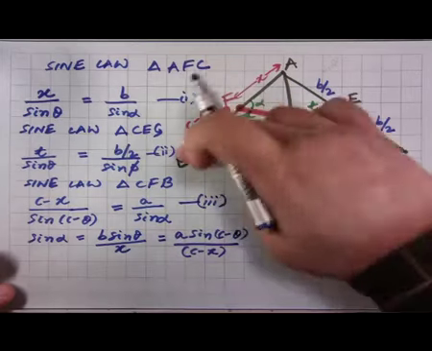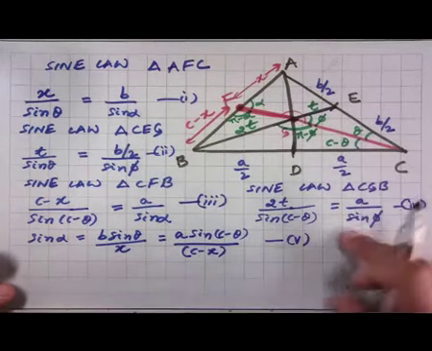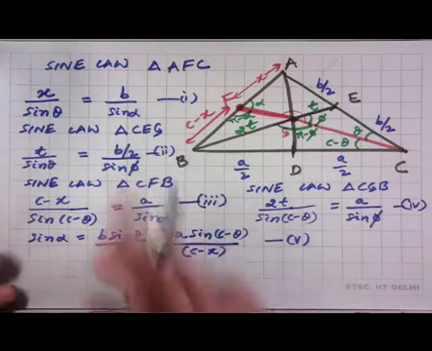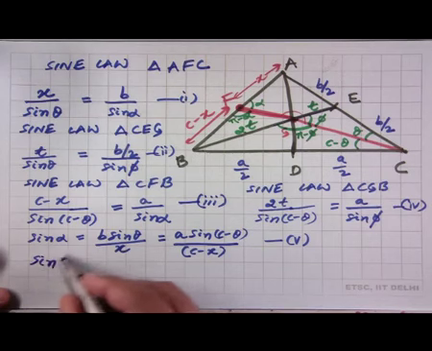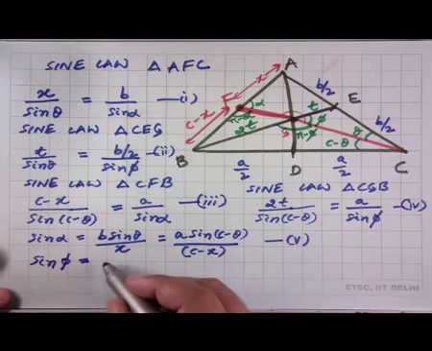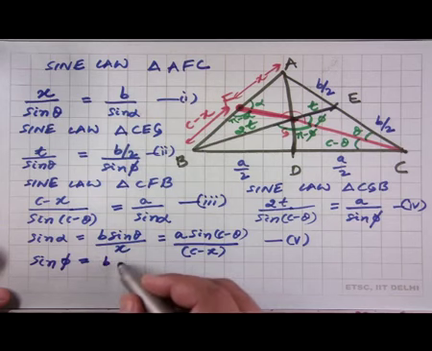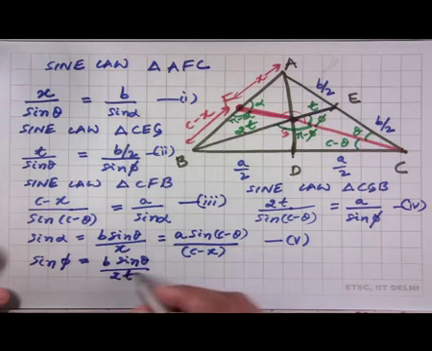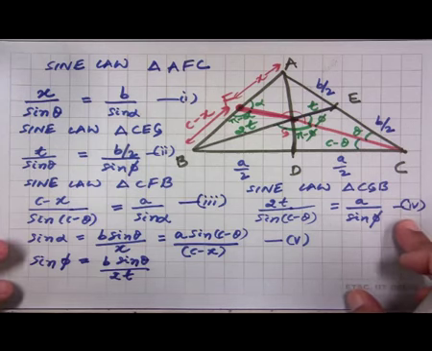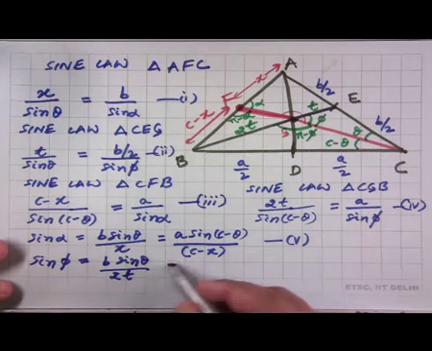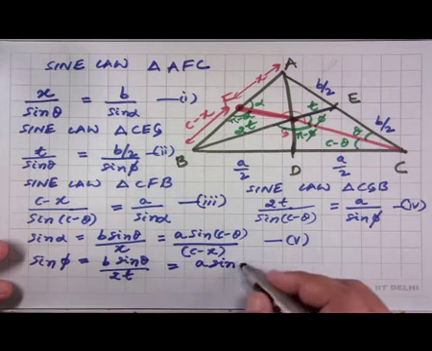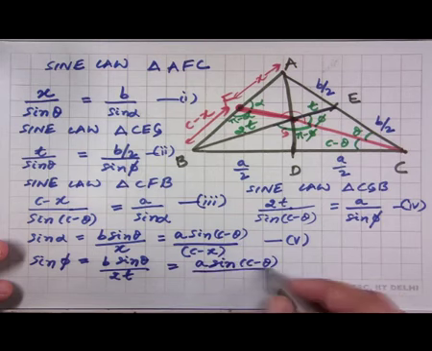Similarly, if we combine equation 2 and equation 4, we see that we have sine phi in both the equations. From equation 2 we get that sine of phi is equal to b into sine theta over 2t, and from equation 4 we get sine phi equal to a into sine of C minus theta over 2t.